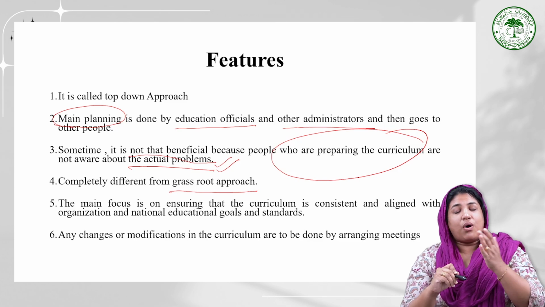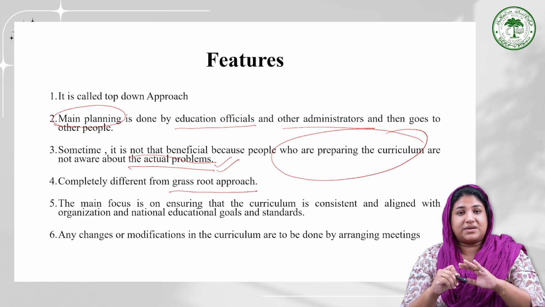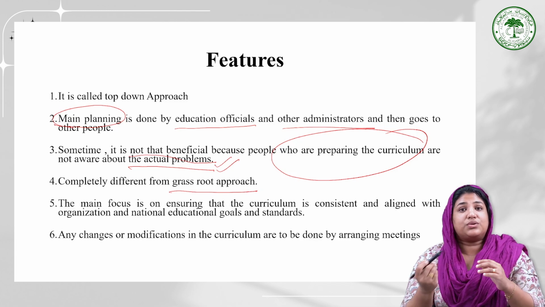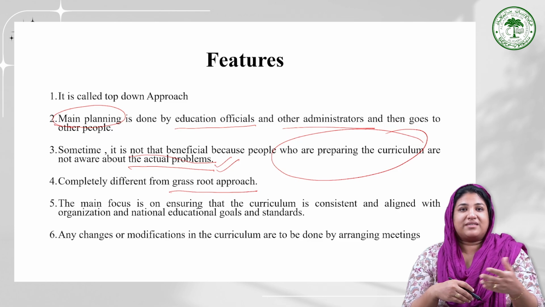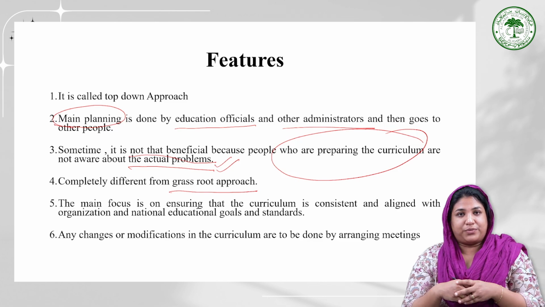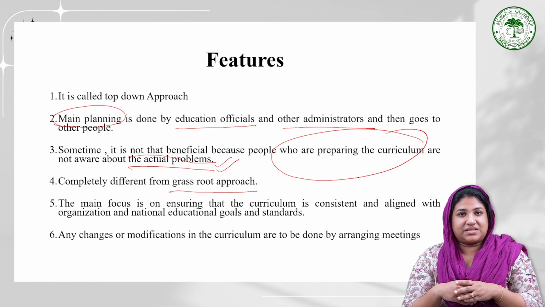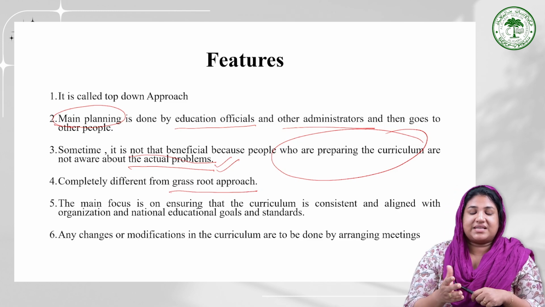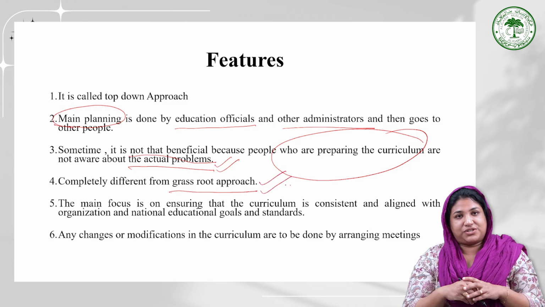Also, the opinions of all the stakeholders of the community, including community members, are taken into consideration while preparing the curriculum. That is why it is a bottom-up approach. But it is not like that in the administrative model, which is why it is different from the grassroots approach.